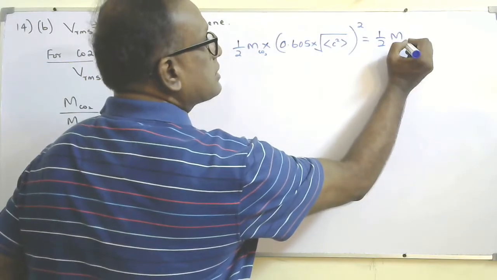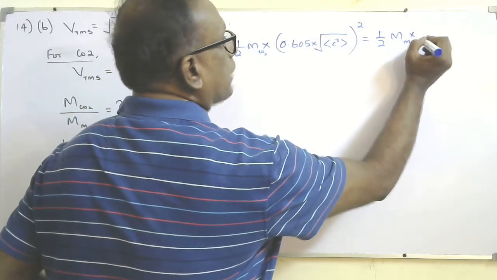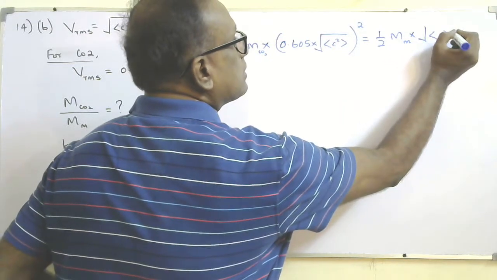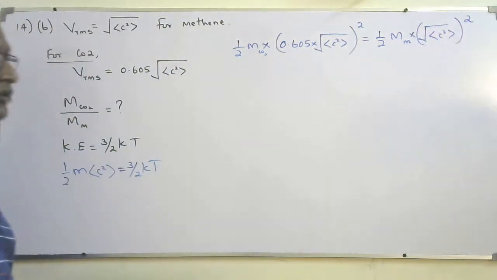For methane, half mass of methane m_m into the square root of c squared, squared. This is the RMS speed, square of it.